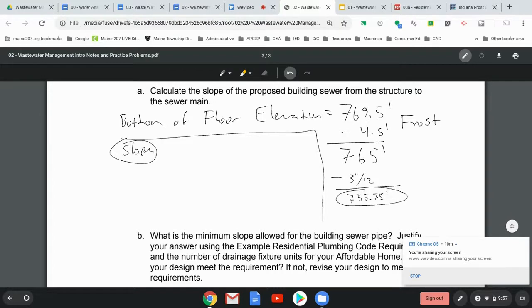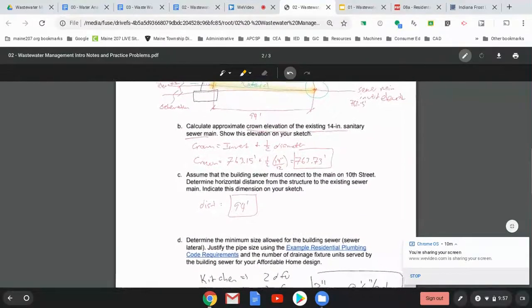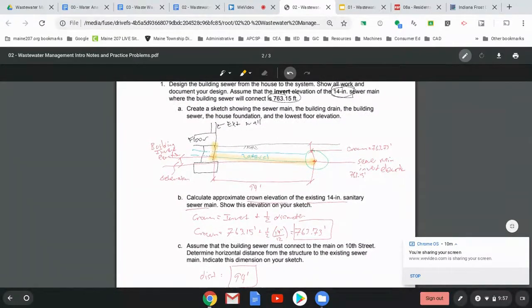Based on slope, I need to kind of work my way back. So remember, the sewer main is at 763.15.